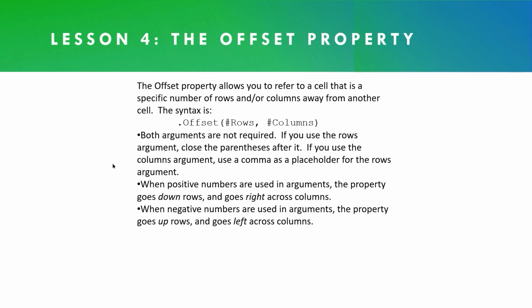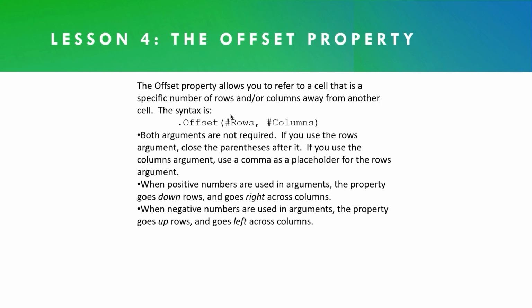If you use the columns argument, use a comma as a placeholder for the rows argument first. When positive numbers are used in arguments, the property goes down rows and goes right across columns. When negative numbers are used in arguments, the property goes up rows and goes left across columns. Again, this is a reference for your future use.